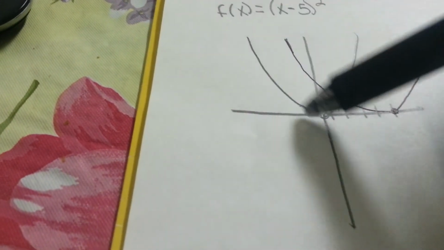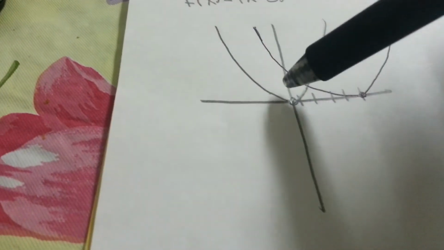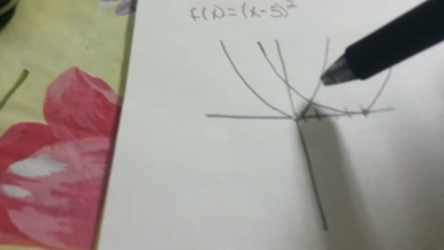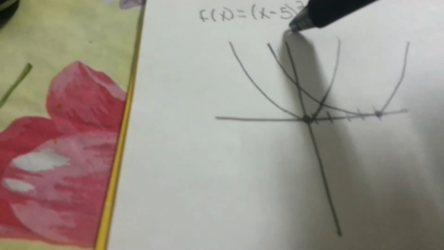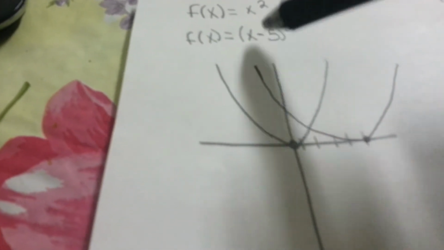So basically it'd be the parabola. This is the first equation, f of x equals x squared, and this is the second equation, f of x equals x minus 5 squared. And you see we're moving to the right. At first, when I looked at this equation, I thought I'd move left because it's subtraction.